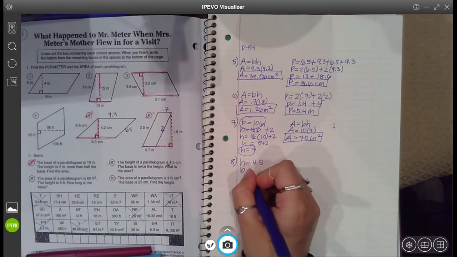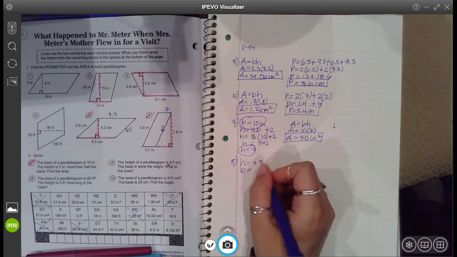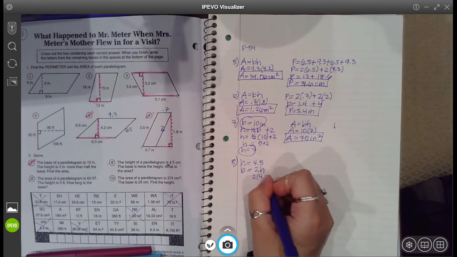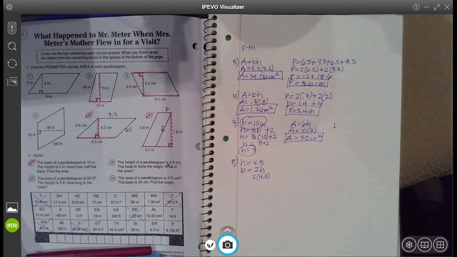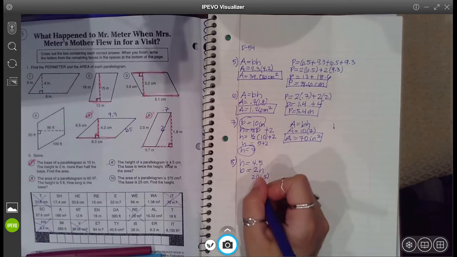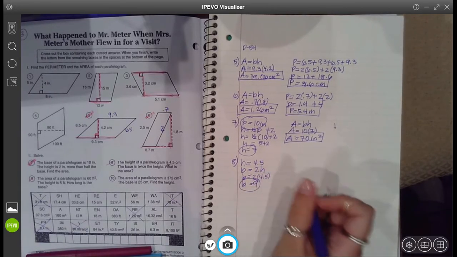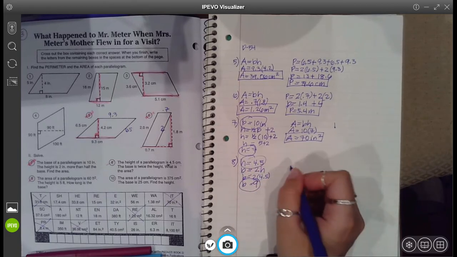The base is twice the height. Okay, and the height was 4.5. So twice of the 4.5. Well, 2 times 4.5 is 9. So that means that I have a base length of 9 and a height of 4.5.